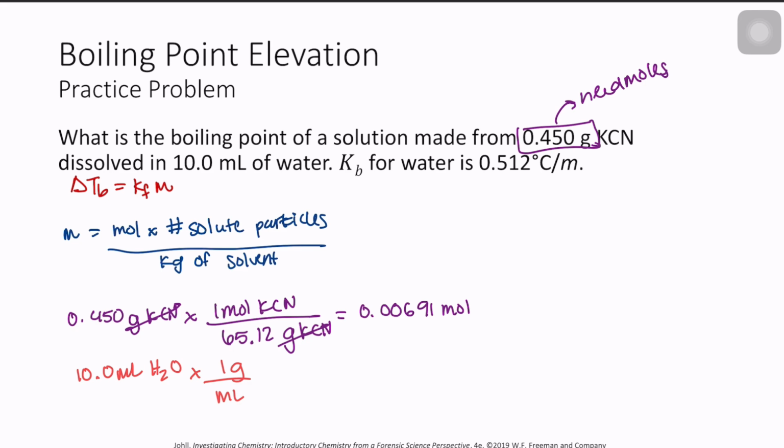And then I can change this to kilograms. And there are 1,000 grams in 1 kilogram. So if I have 10 milliliters of water, that is also equal to 0.01 kilograms.